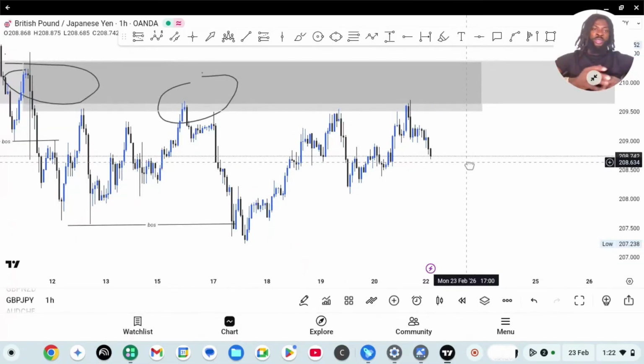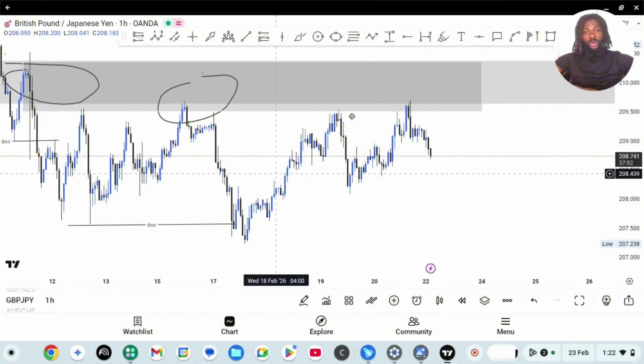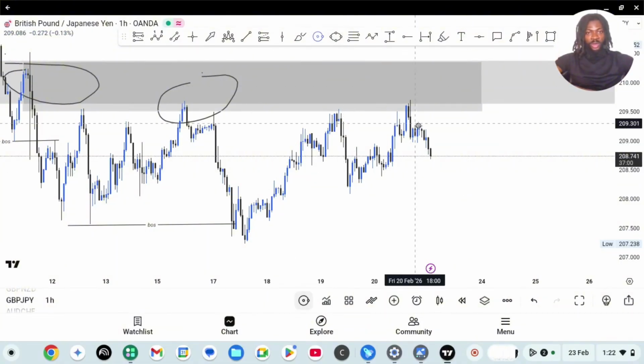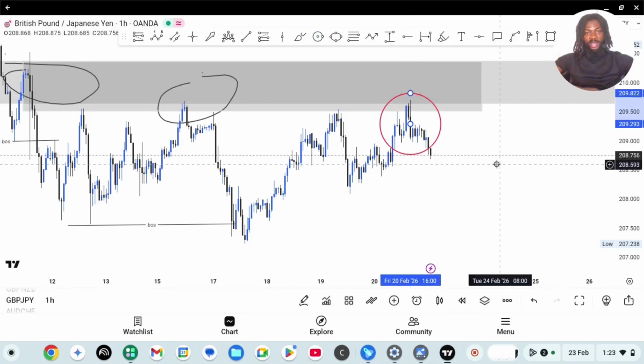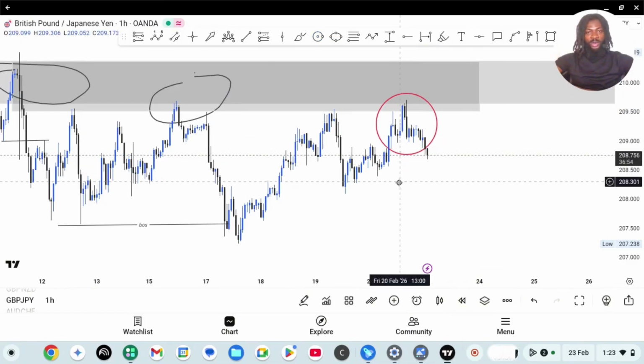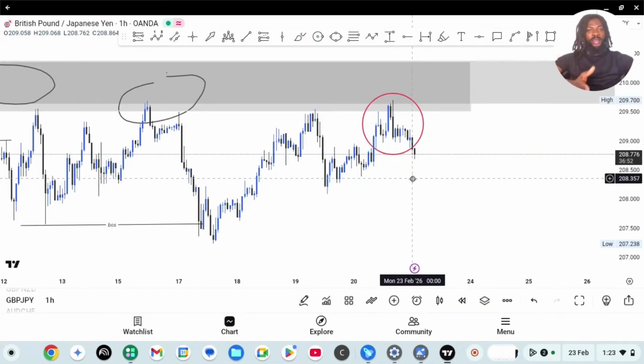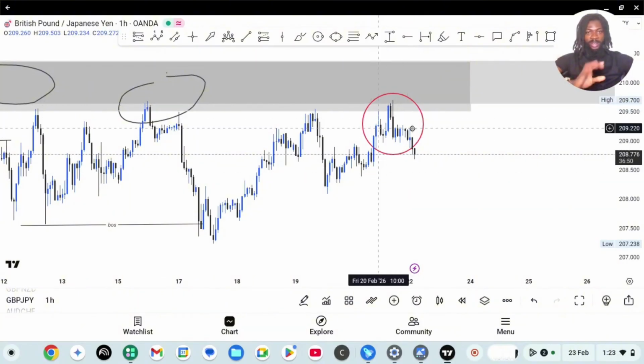One is either we see multiple rejections and a bearish engulfing candle, or we pay attention to the chart patterns the chart will be creating in that particular zone, right? And when we look at this properly, we will see a chart pattern. Okay, we have a head and shoulders pattern here in this box.